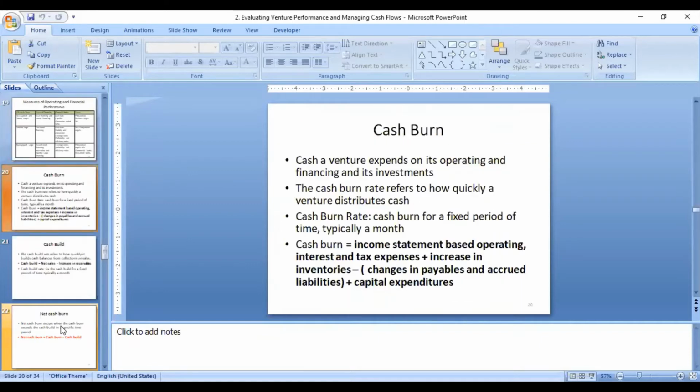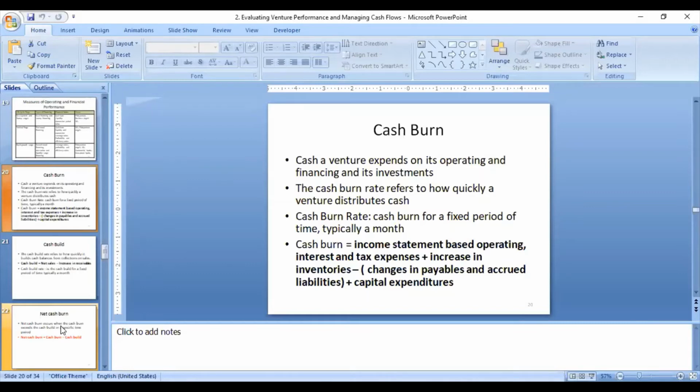Now, let's discuss what is cash burn and cash build, and also net cash burn or net cash build. As the term explains, when we say cash burn, it is the cash a venture expends on its operating, financing and investment activities. That is burning.